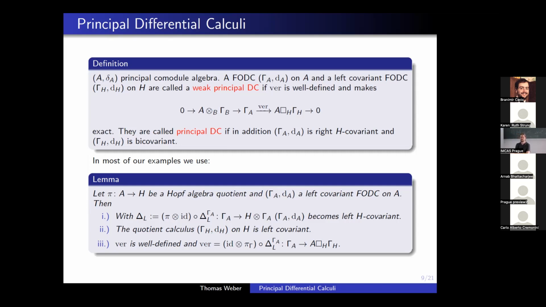But maybe the one thing to bear in mind is that one thing that becomes apparent when you move to degree 2, and allow for the possibility of principal calculi, is that there's an intimate relationship between the curvature and what differential calculus you're allowed on the structure quantum group.